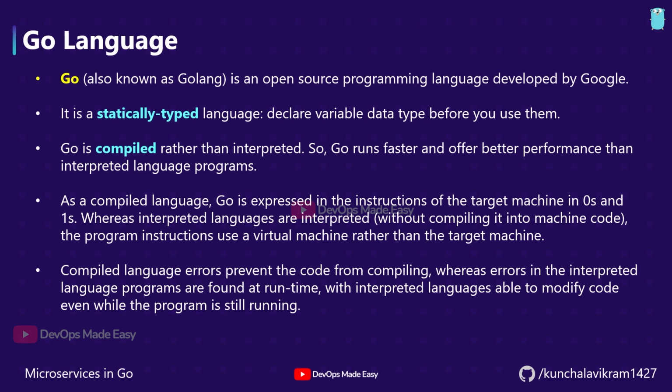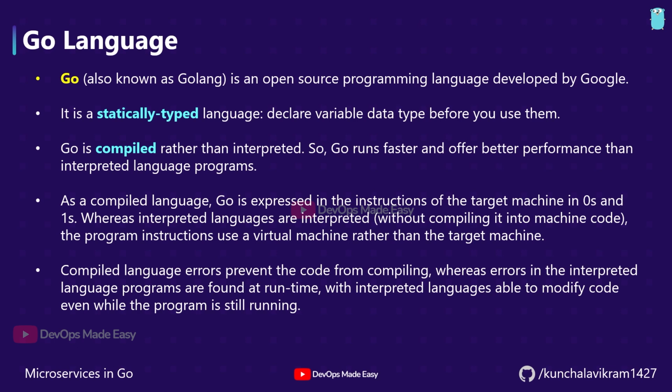And Go is compiled rather than interpreted. That means we need to compile the source code into a target machine's binary code. If you are running the Go code in Linux machines, it is compiled to the binary so that it can be executed in that Linux machine. It is different from interpreter based languages where compilation will not happen, but the program instructions are executed inside a virtual machine rather than the target machine.